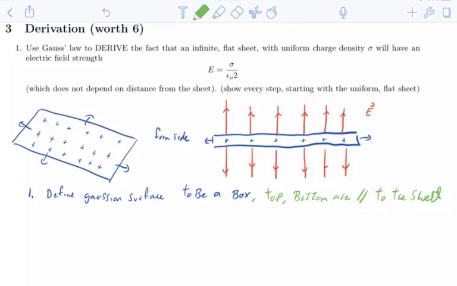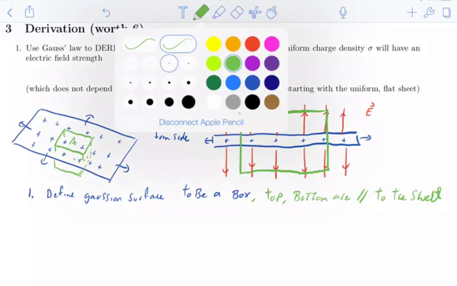Okay, so over here, the box is area A, and it cuts the sheet like a cookie cutter would. And here from the side, you see that the box is parallel to the thing. So step one is describing our Gaussian surface. Good, we're done.